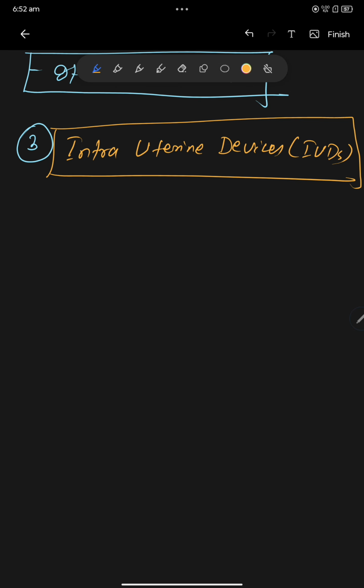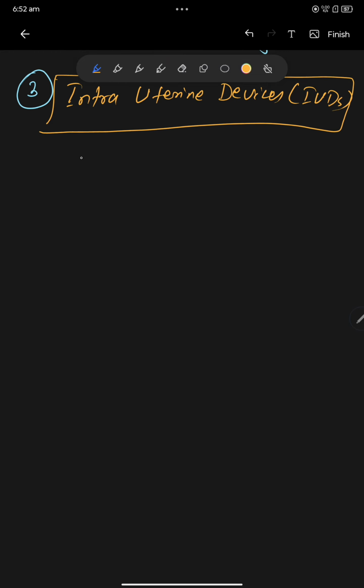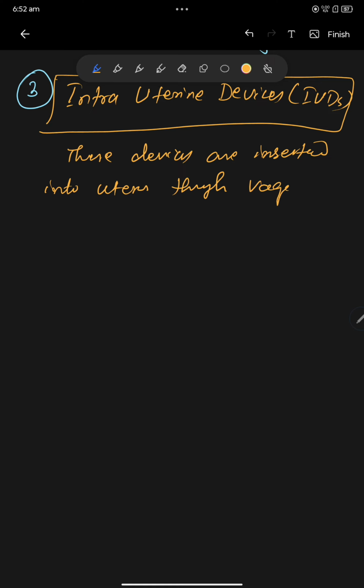These devices are inserted into the uterus through the vagina by doctors or expert nurses.